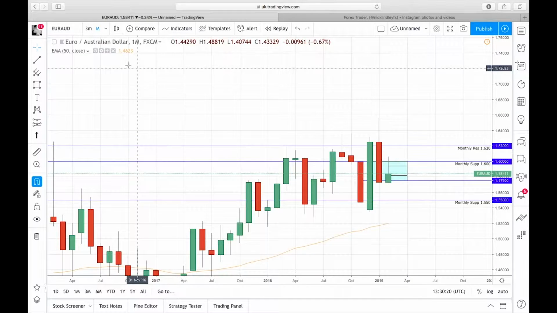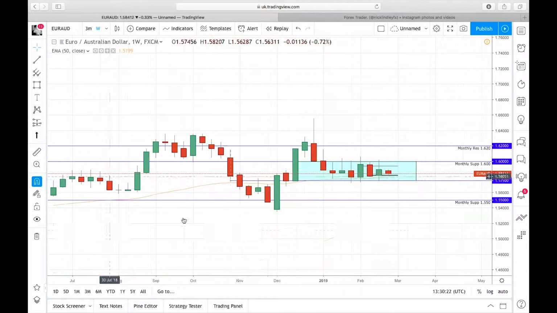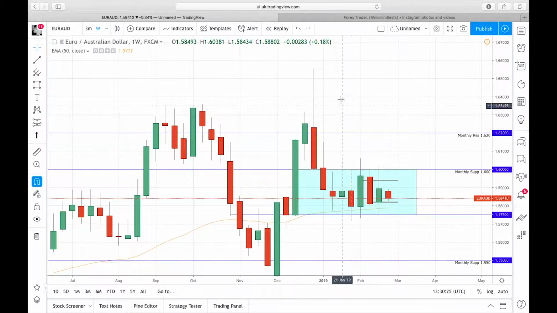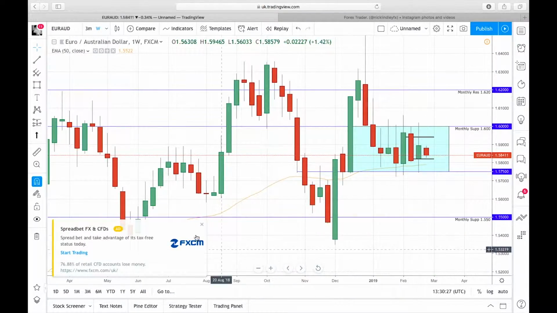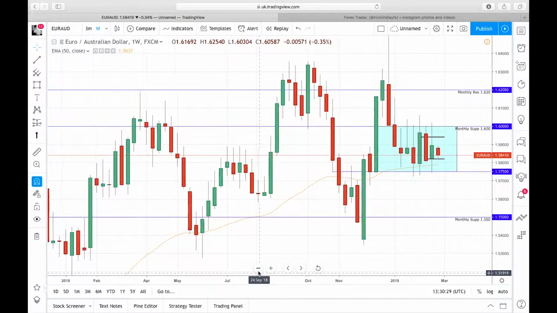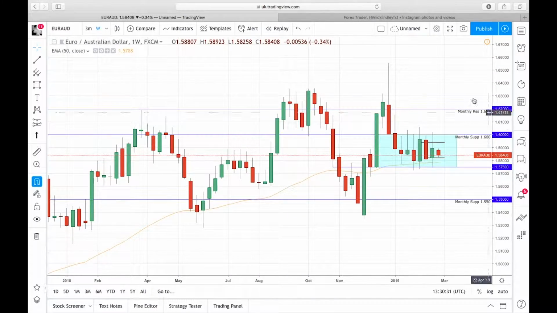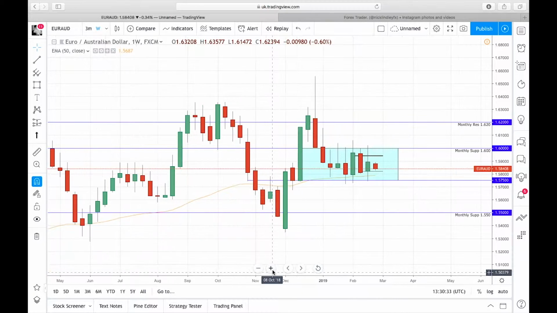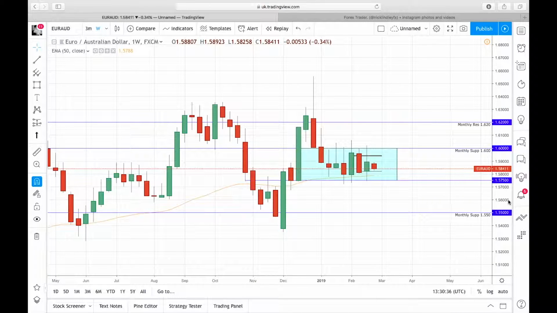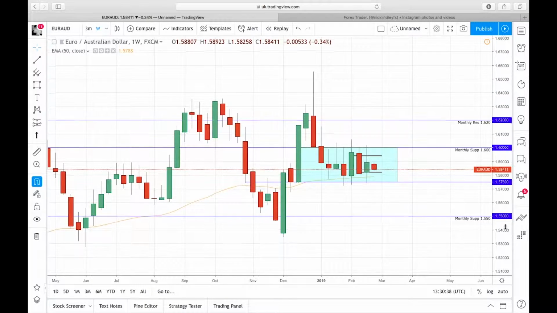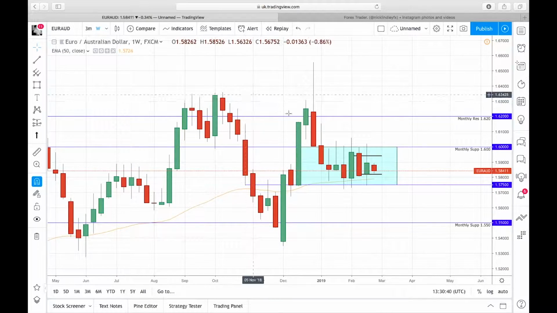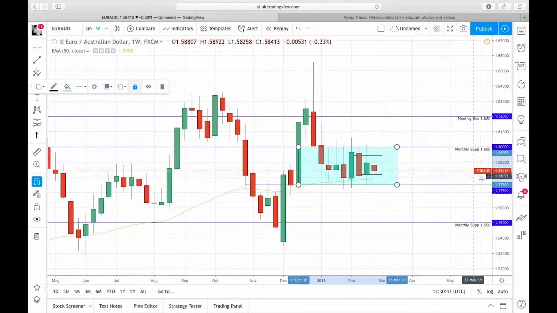So let's go into the weekly time frame and have a look at this pair in more depth. Here we go. At the moment, price is very range bound and consolidating. Since breaking out and falling back down, we're bouncing within this consolidation range that sits at 1.57500 as support and 1.600 as resistance.